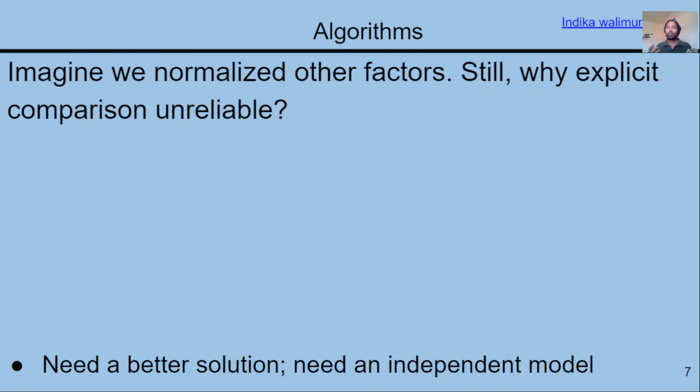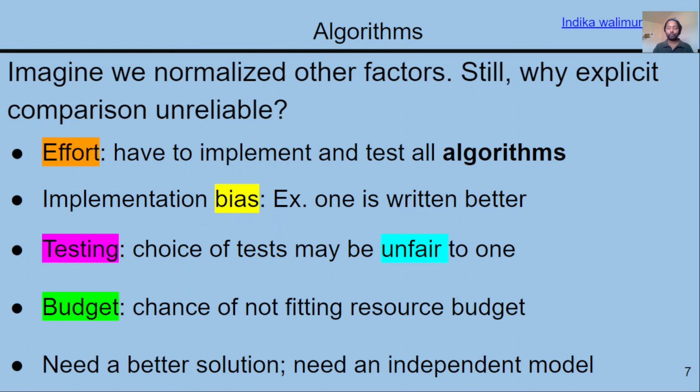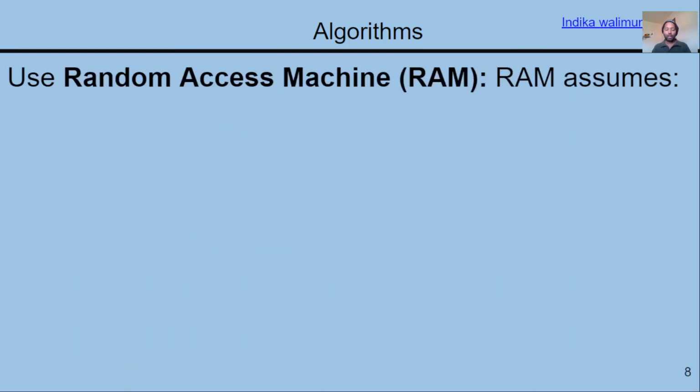This suggests that we need a theoretical approach to this problem, and that theoretical approach requires a model. We call it the random access machine model, or RAM model. Okay, and it comes with a bunch of assumptions. Now let's go over them.